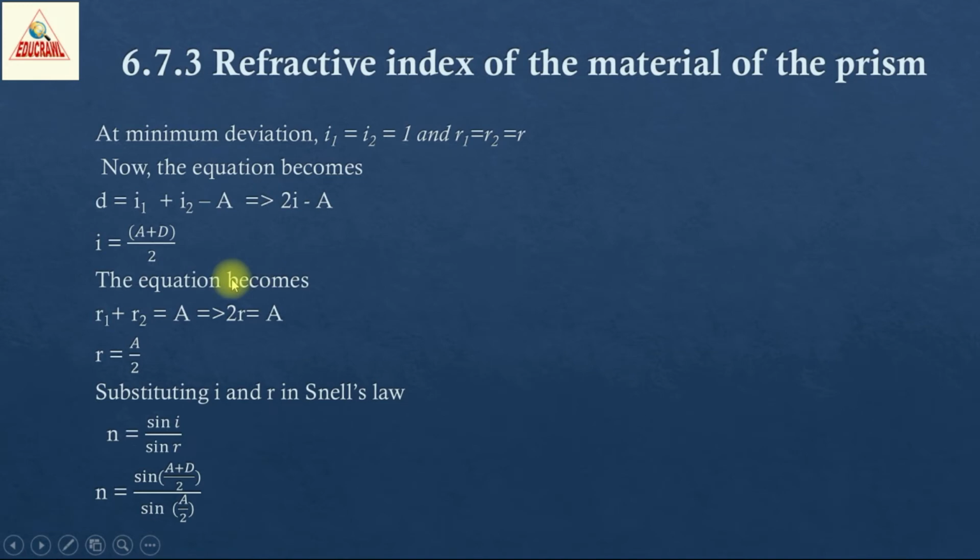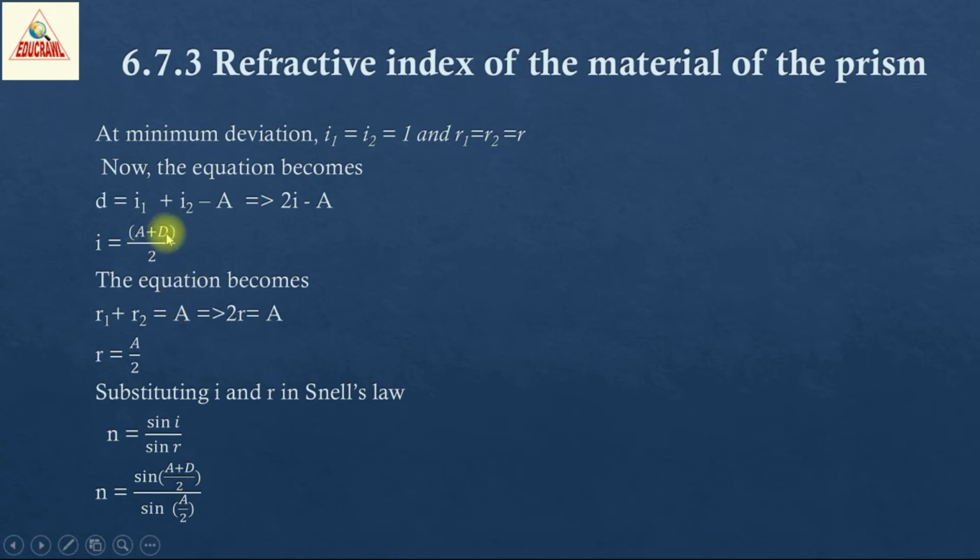Now, the second equation: you know that R1 plus R2 is equal to A. In this equation, again substitute the minimum deviation condition, R1 is equal to R2 is equal to R. So the equation becomes 2R is equal to A. From this equation, find R. So R will be equal to A by 2, and I will be equal to (A plus D) by 2.